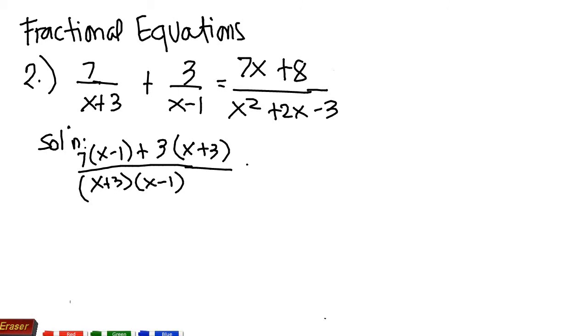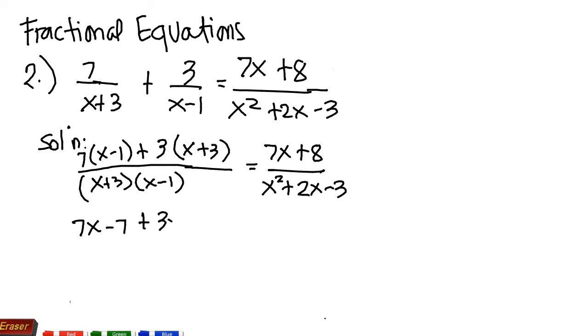Then that is equal to 7x plus 8 all over x squared plus 2x minus 3. Then simplify: you have 7x minus 7 plus 3x plus 9 all over x squared.